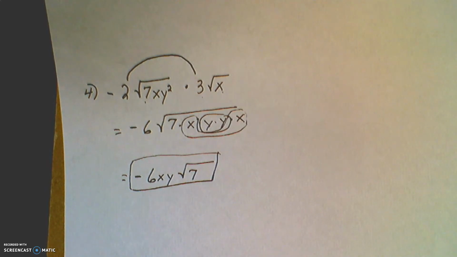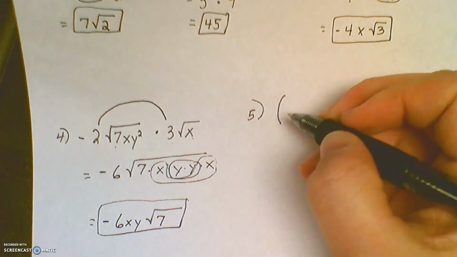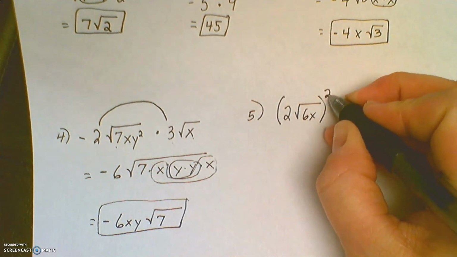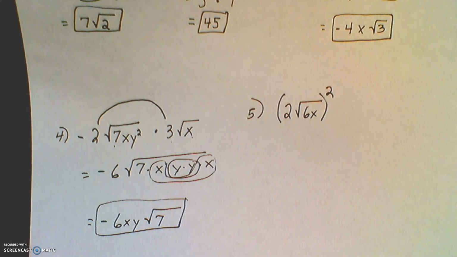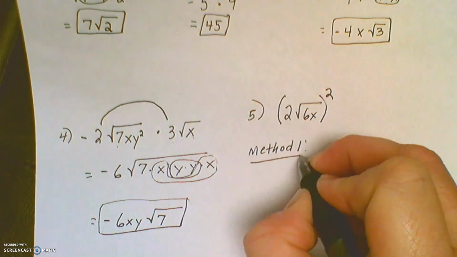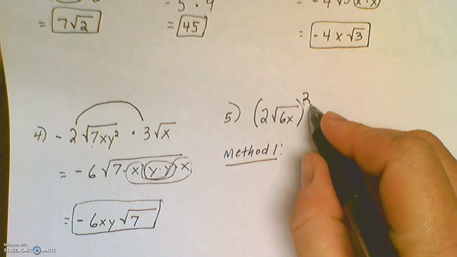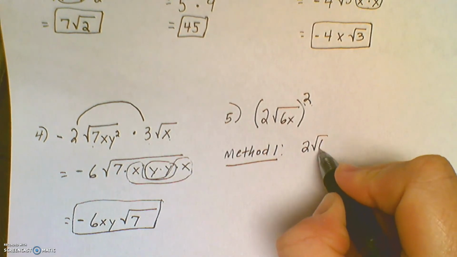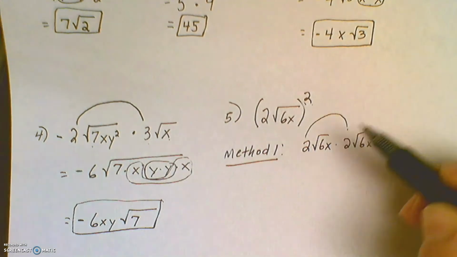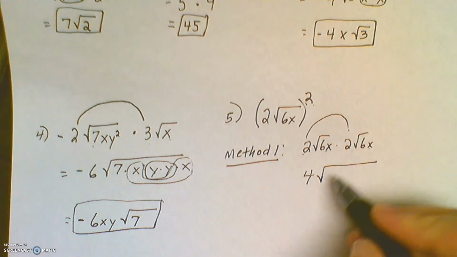Number 5. Two square roots of 6x squared. And I'm going to show you how to do this one two ways. Method 1. We can write the part that's in parentheses down 2 times because of exponent 2. Multiplying your coefficients, 2 times 2, 6x and 6x.